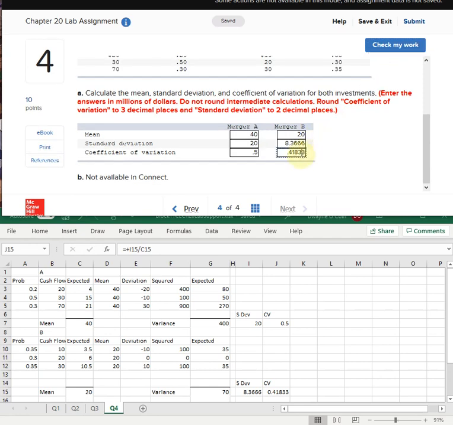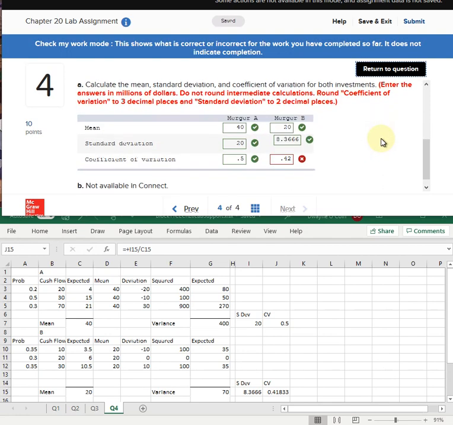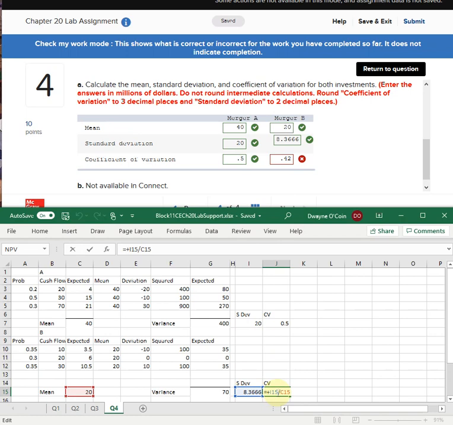So let's take that down to, it says, 2 decimal places. Let's take off the 33, and we'll just put in 0.42 and see if that's happy. It's not happy. Okay, so that and that. We're taking the right standard deviation, and we're dividing it by the mean.